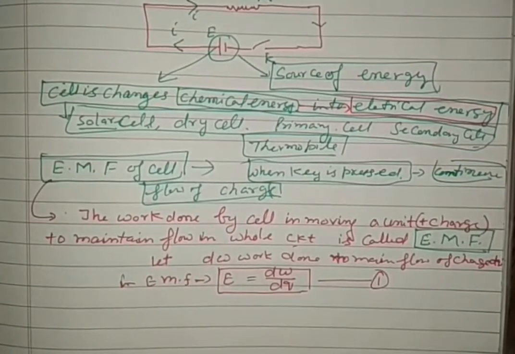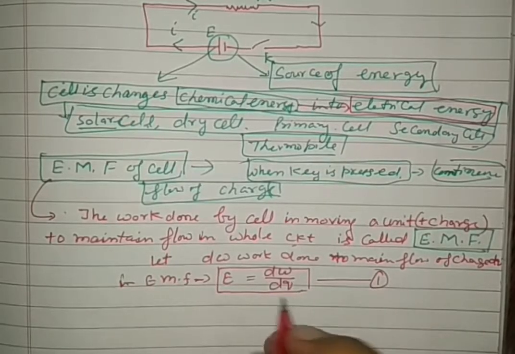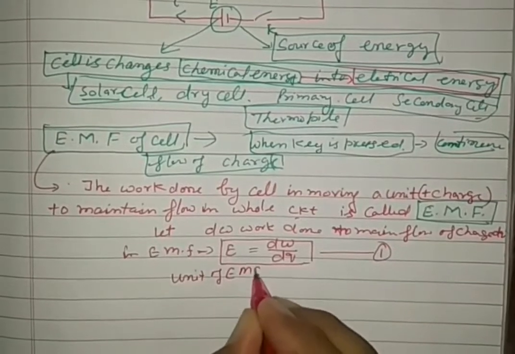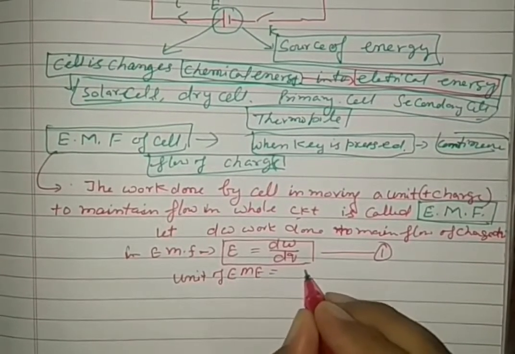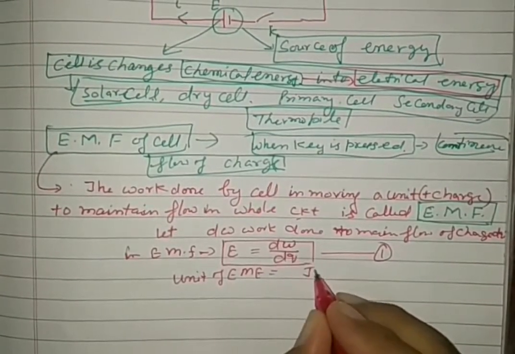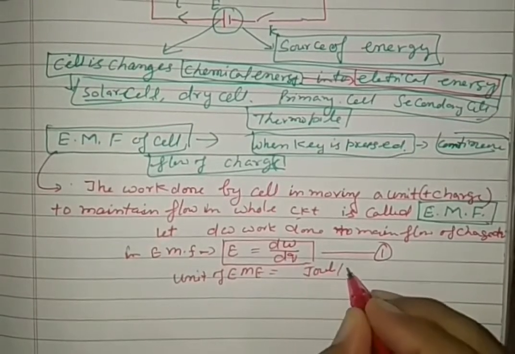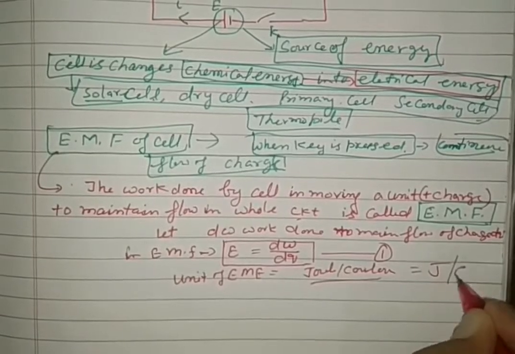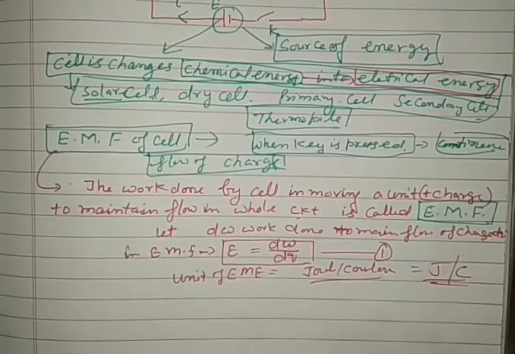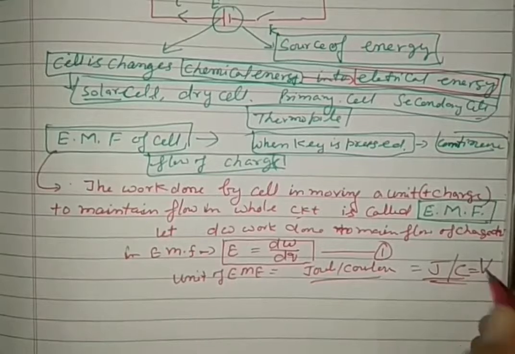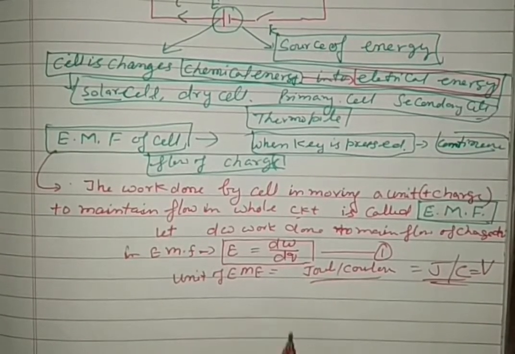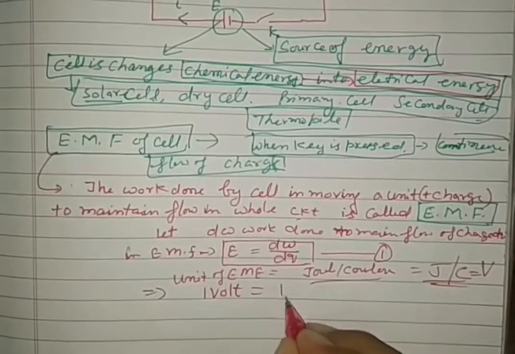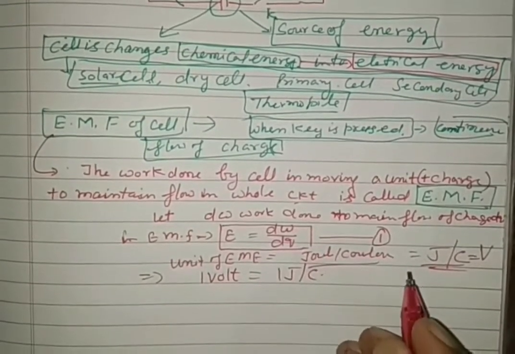The unit of EMF: the unit of work is joule and of charge is coulomb, so it is joule per coulomb, and it is also called volt. This implies that 1 volt is equal to 1 joule per coulomb.